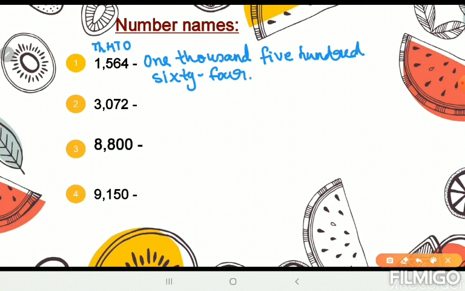Let's see next number. Okay. Again, don't forget to write in place value tent. 3 is in thousands place. So we write 3000. In hundred place, what do we have? 0. 0 means nothing. So there is no hundreds place.